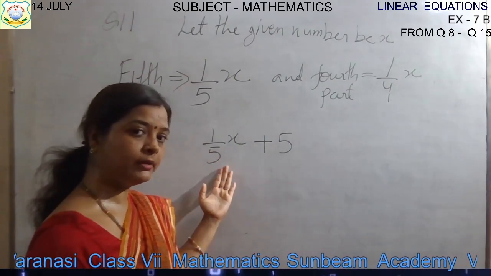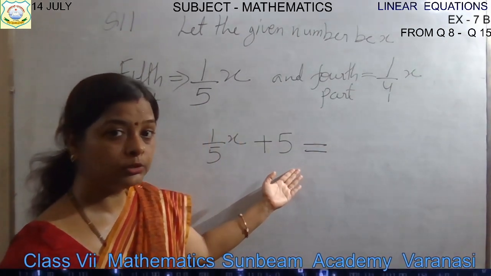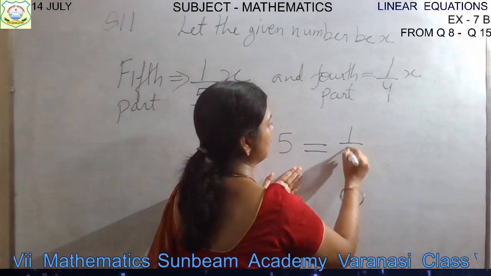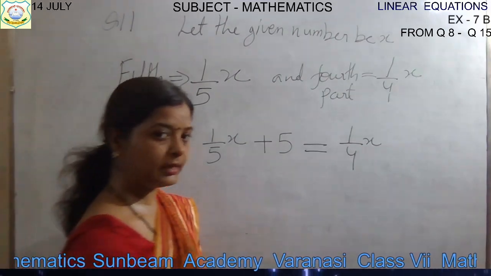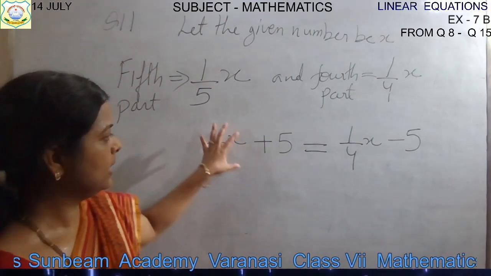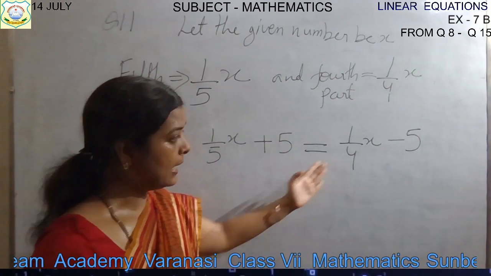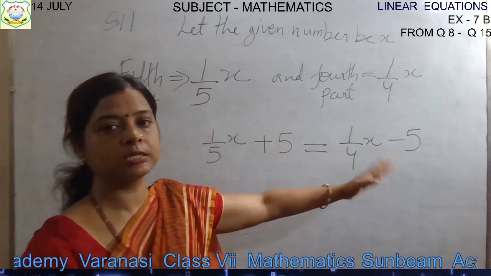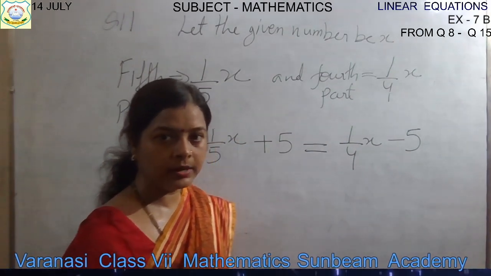So when the fifth part of a number is increased by 5, it is equal to the fourth part of that number, which is 1 by 4 x decreased by 5. Clear? It means in the 1 by 5 part of that number, if you add 5, and from its fourth part, when you subtract 5, then both the numbers will be equal. So now it is in equation form.